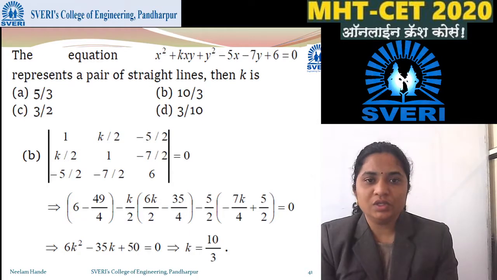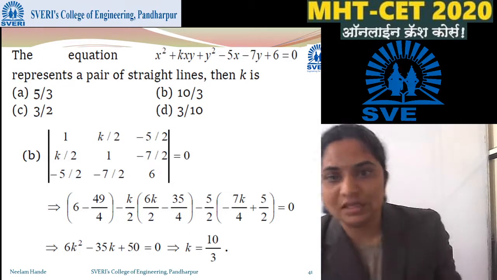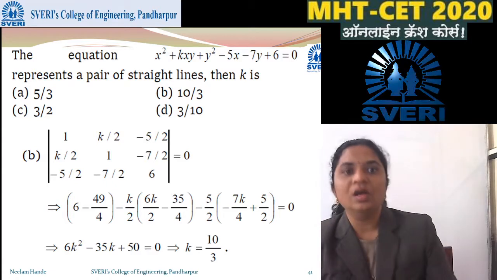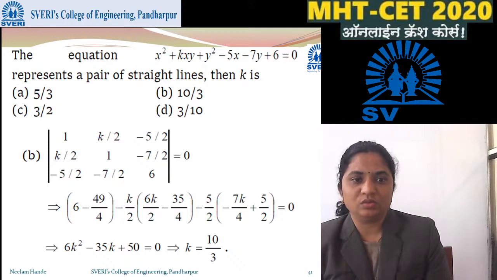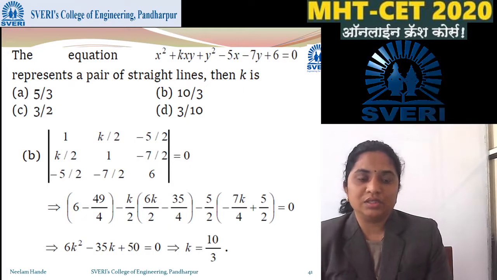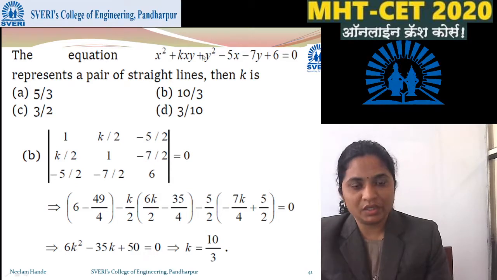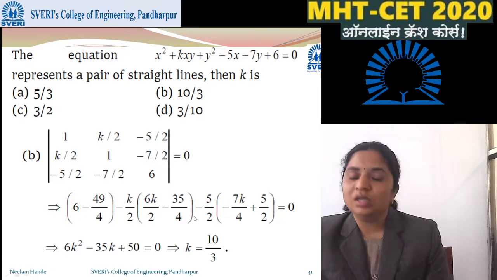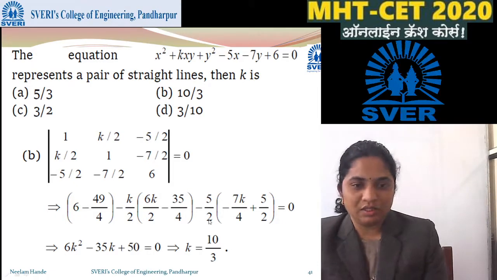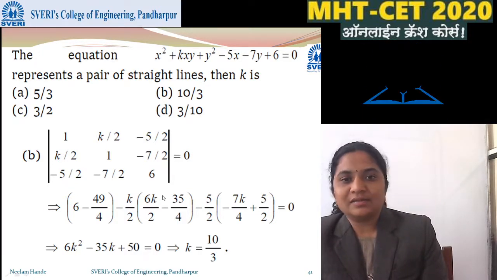Next, the equation x square plus kxy plus y square minus 5x minus 7y plus 6 equal to 0 represents a pair of straight lines, then k is equal to, okay, this is the standard equation. It represents a pair of straight lines, we know that delta. We'll find delta. What is that? abc plus 2fgh. We have seen already the equation. But we can also write this as a determinant.